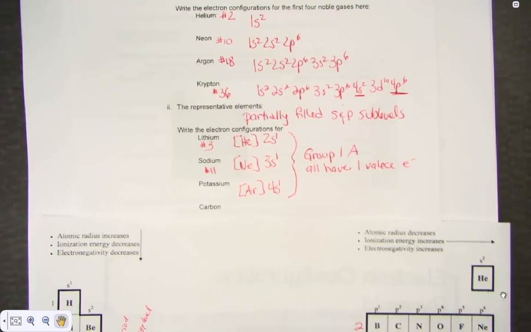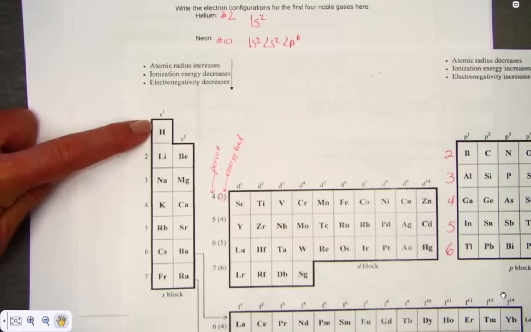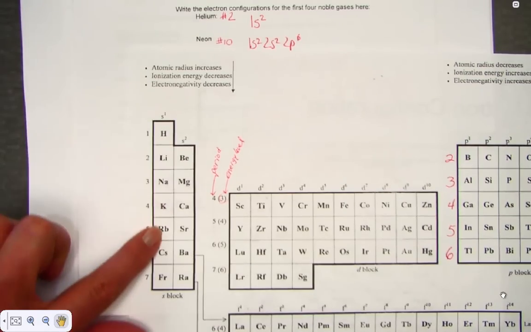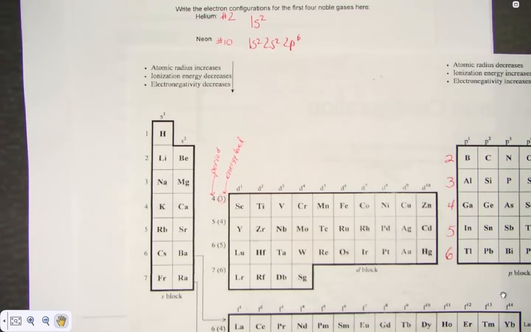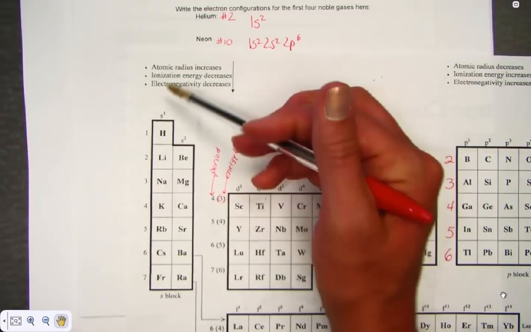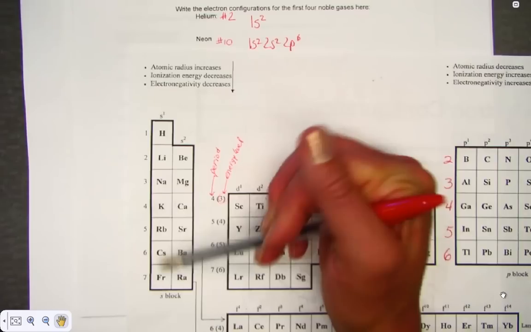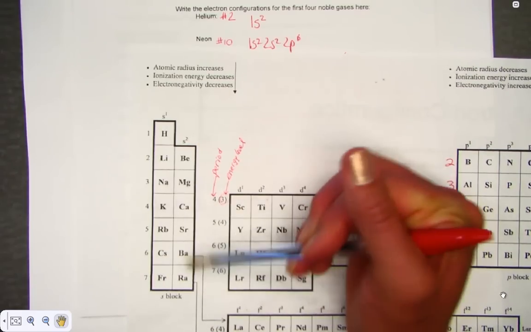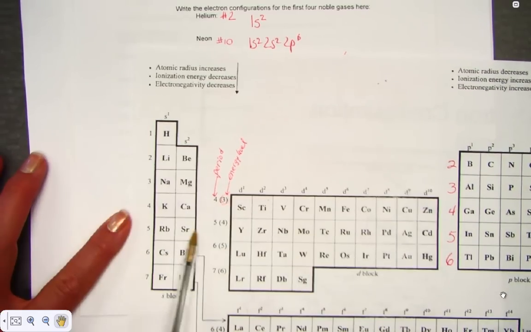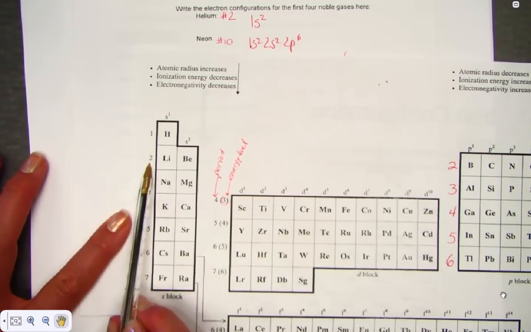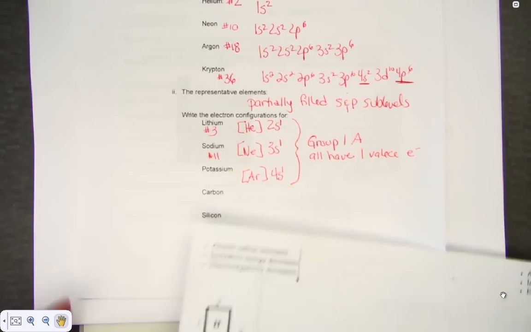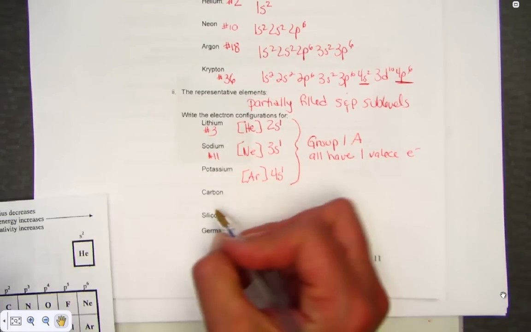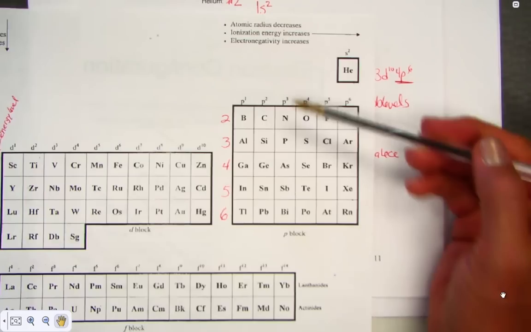One trend that we're discovering is that all elements that lie in the same column have the same number of electrons in their outermost energy level. The column determines how many valence electrons. The period number, the rows going across, tell me how big the energy levels are, how many rings from the planetary model.